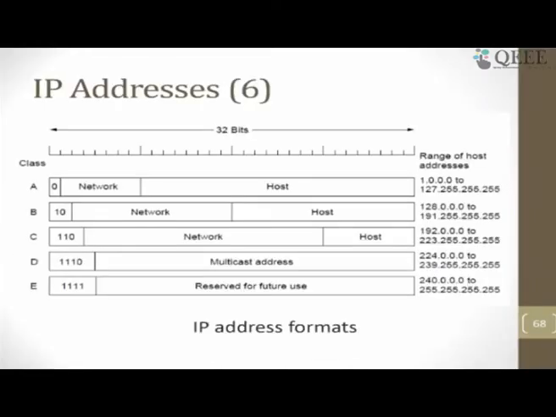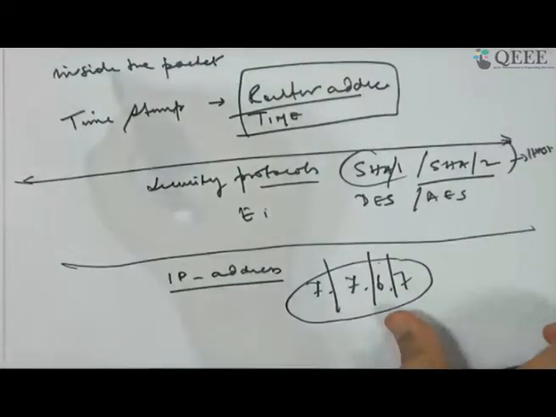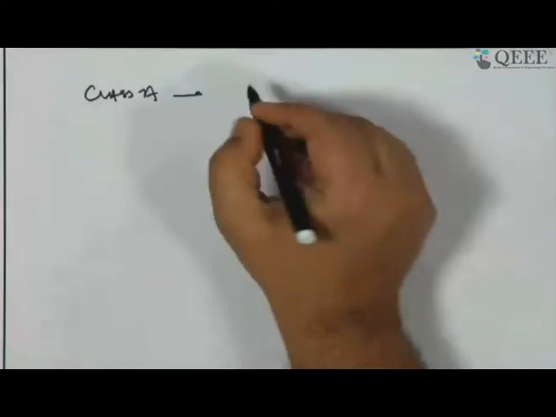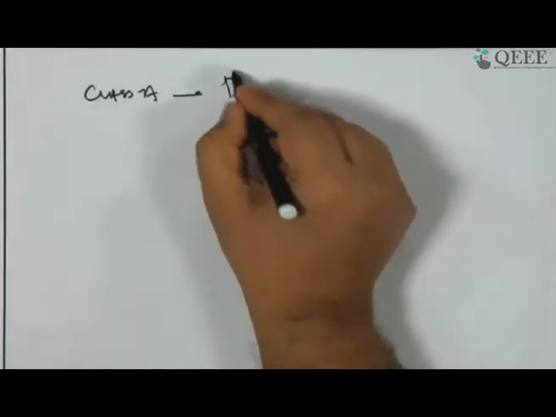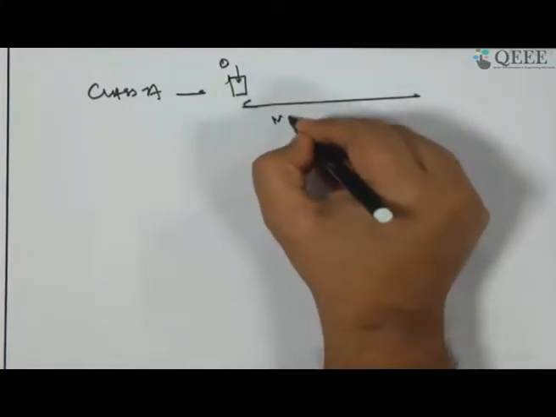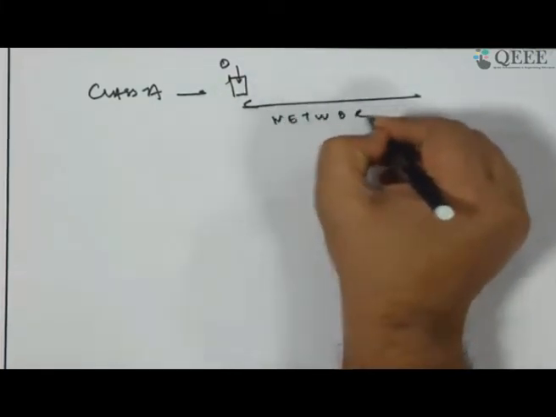Why, I'll tell you. The first thing was classful addresses. We said that there are classes. Class A has a 0 in the front, and then there is a network part and a host part.